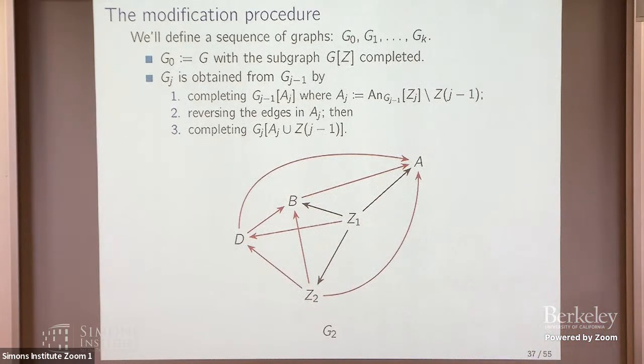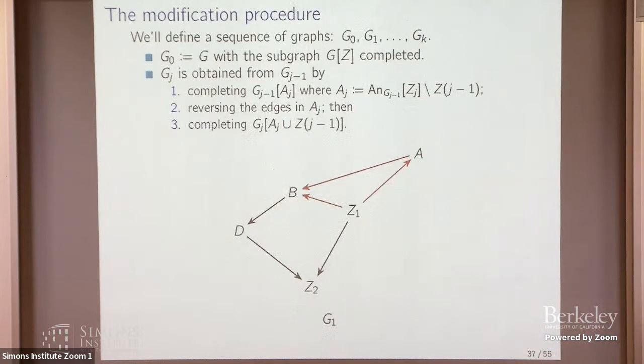There are no edges into this set. And this again follows inductively. We've gotten rid of all the edges into Z1 in the previous step, excluding other Z vertices. And now in this step, we get rid of all the edges into ancestors from outside ancestors.